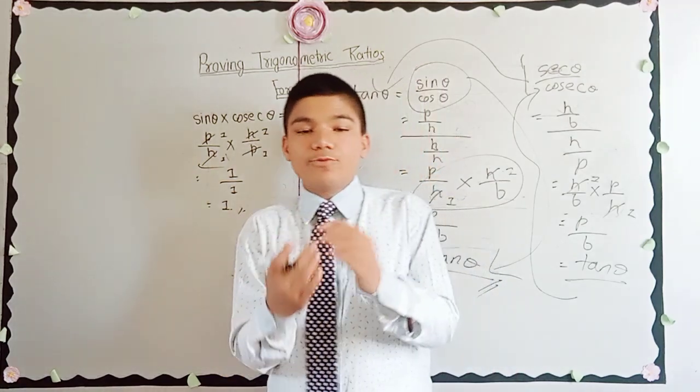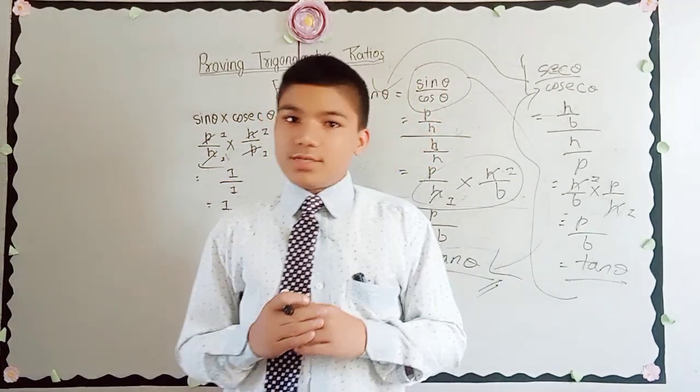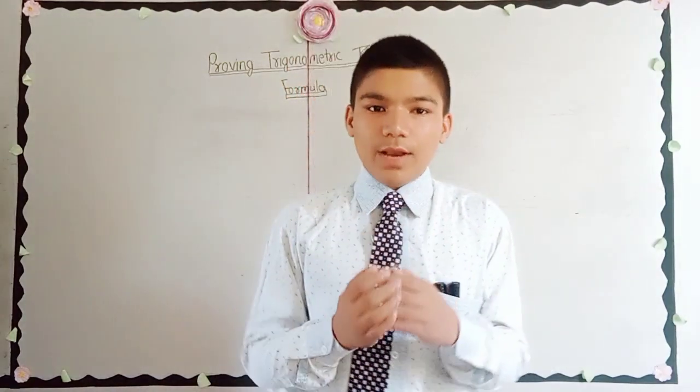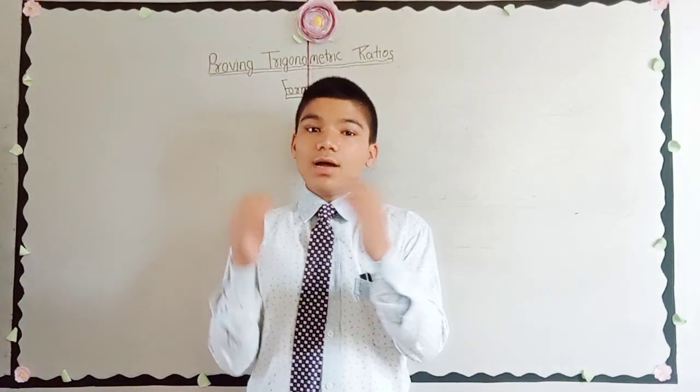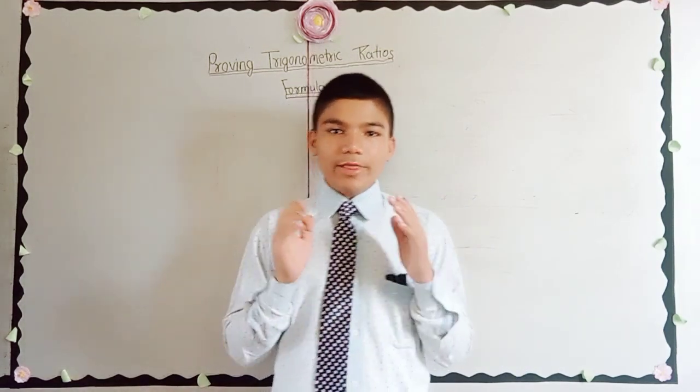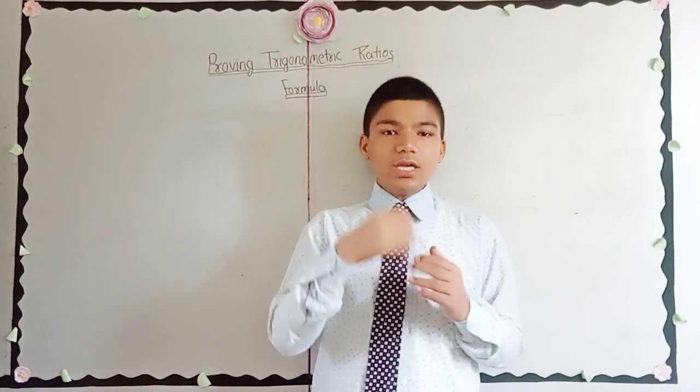Okay. Now let's move to the Pythagoras relation formula. In order to prove the Pythagoras relation formula, again we have to do the same. We have to write the ratios form. In proving all the formulas, you have to remember that we have to change it into the ratios form.